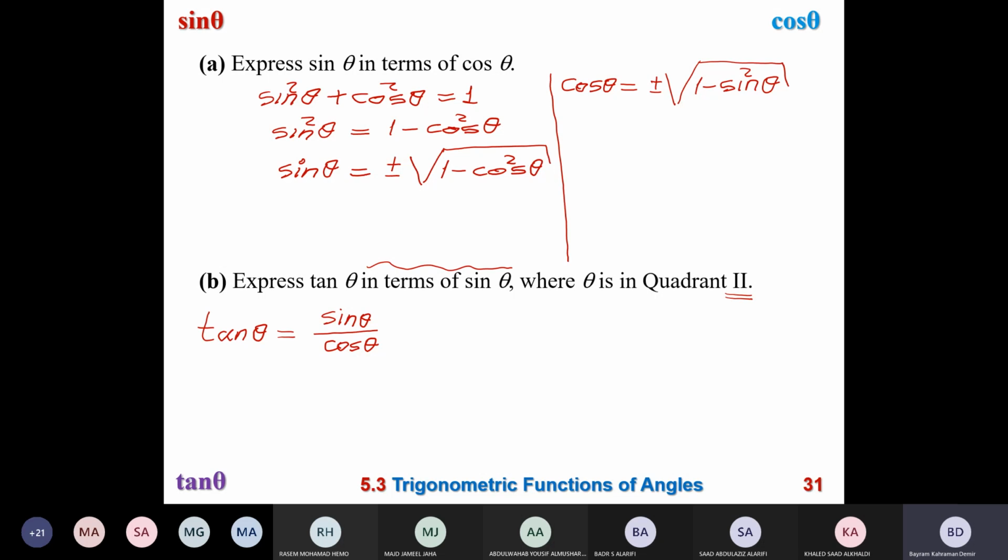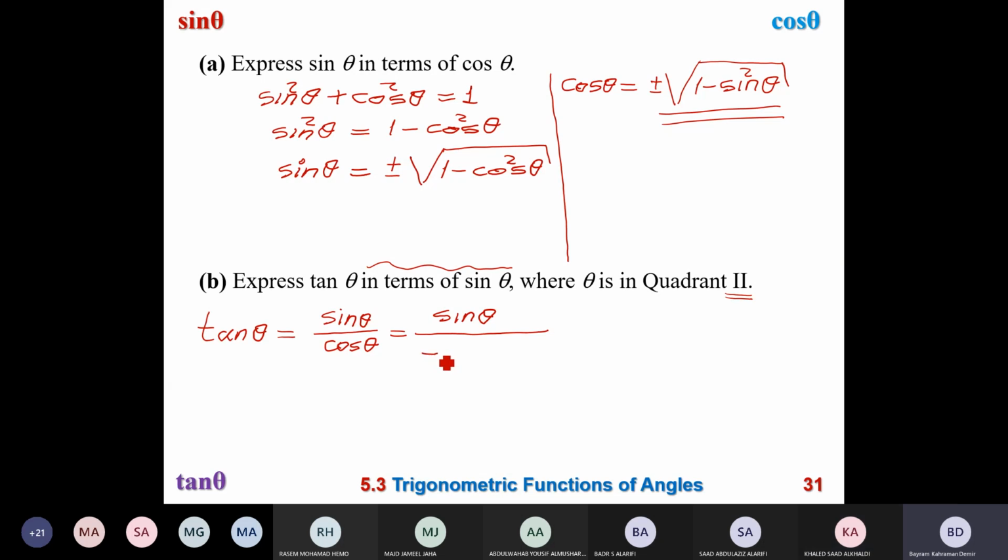So what am I going to do here? I'm going to change the cosine to sine as we did here. So it is going to be sine theta, and divided by cosine theta. Now, am I going to take the positive or negative for cosine theta? The negative, because we are in quadrant 2.